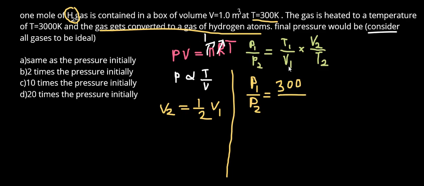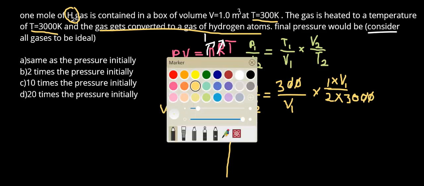By V1, and V2 can be written as 1 by 2 times V1. Now the final temperature T2 is equal to 3000 Kelvin.